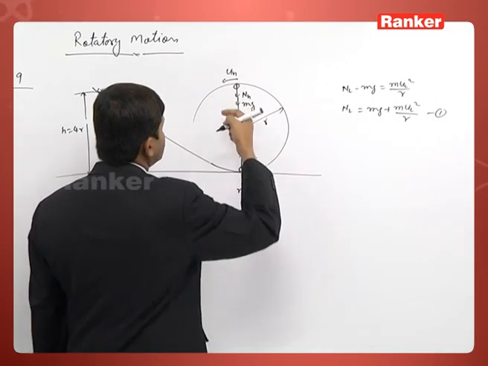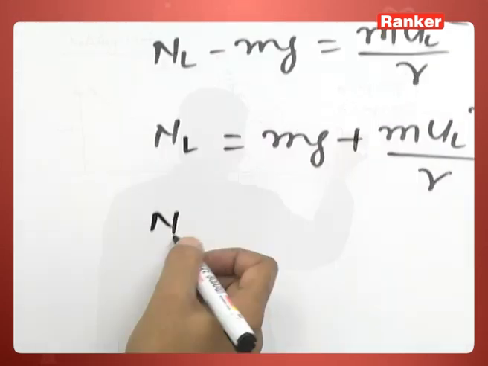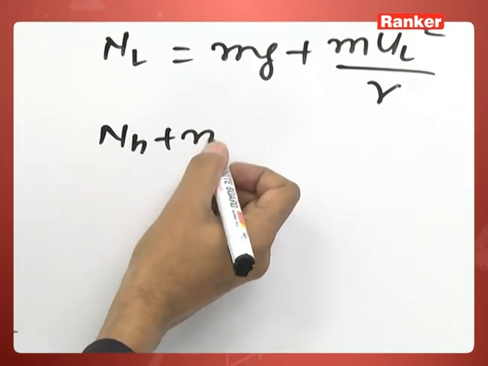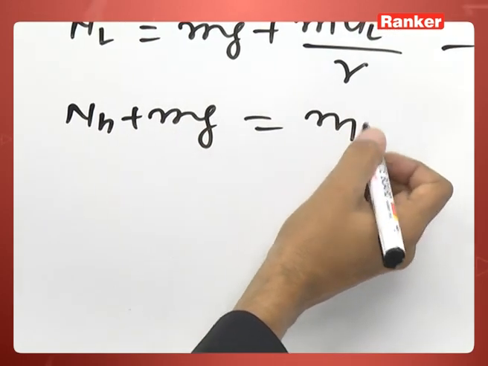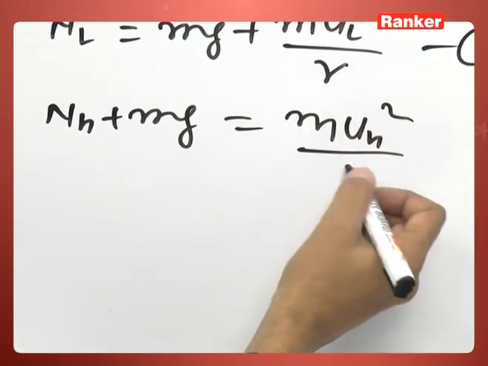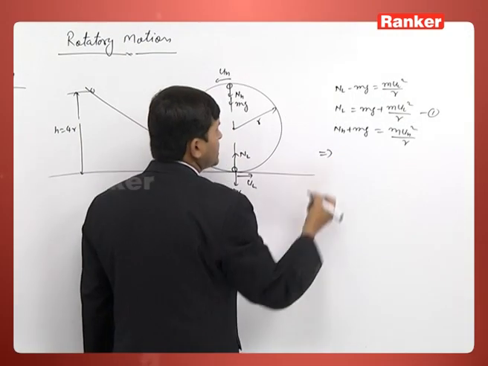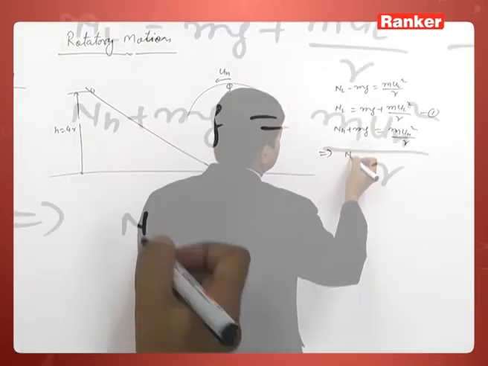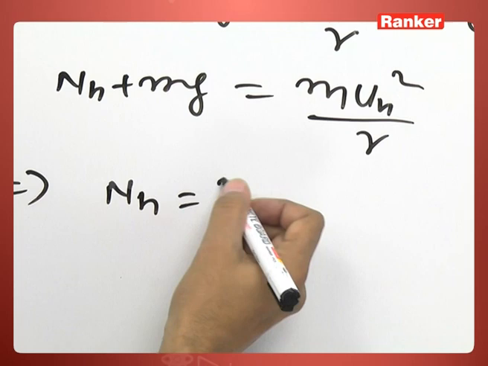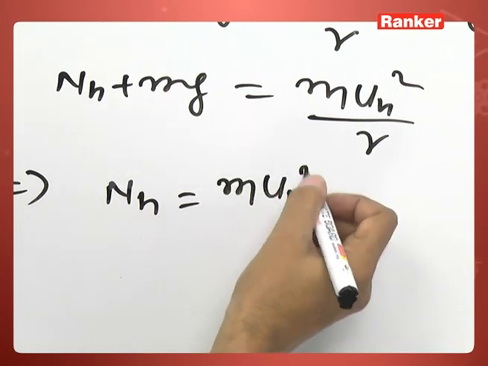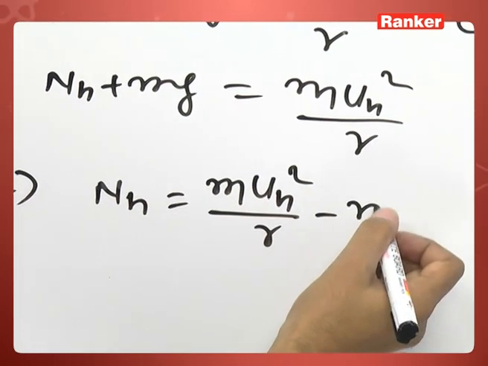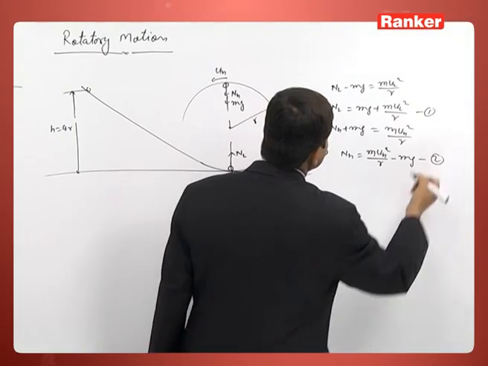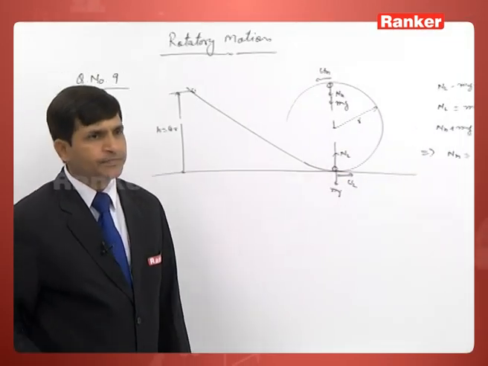Similarly, for the second equation, NH plus mg is m UH square by r. So here NH will be m UH square by r minus mg. This is the second equation.